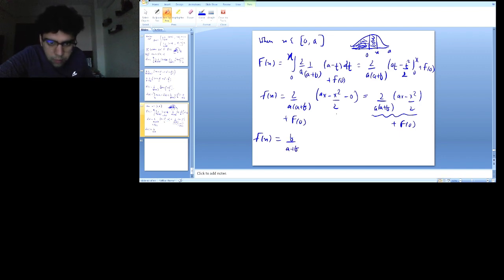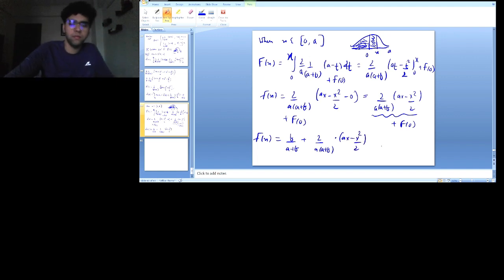So b upon a plus b, this is f of 0, plus this area from 0 to any x, area under the curve from 0 to any x. So this will be 2 upon a plus b into ax minus x square by 2. So now we have the CDFs over the different domains.